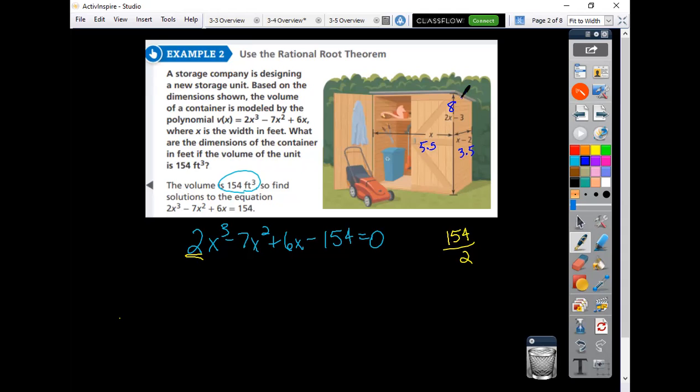So the 5.5, if you went 2 times 5.5 cubed minus 7 times 5.5 squared plus 6 times your 5.5 minus your 154 and evaluated, you would indeed get 0. So that's one way to come up with your solution there, and I think it's probably faster, a little less complicated.